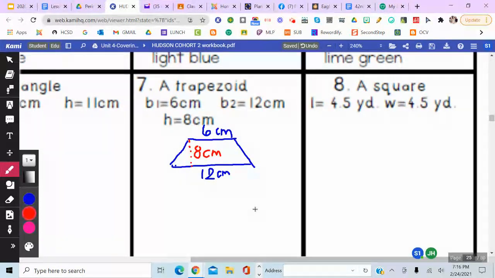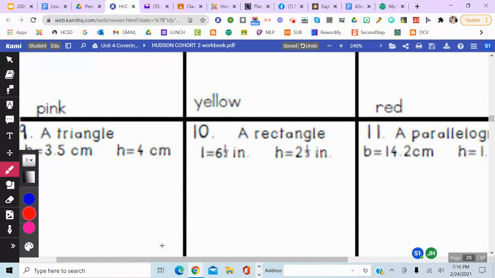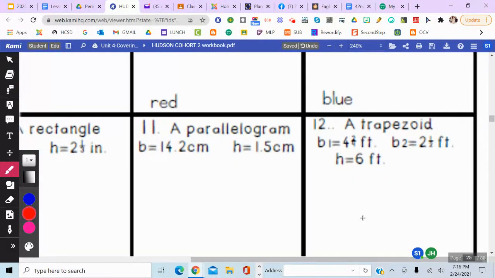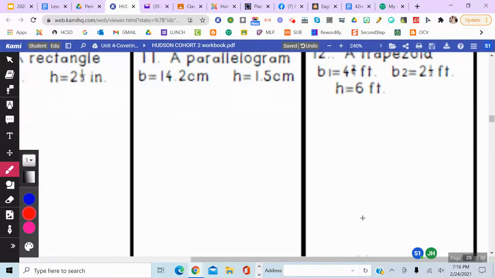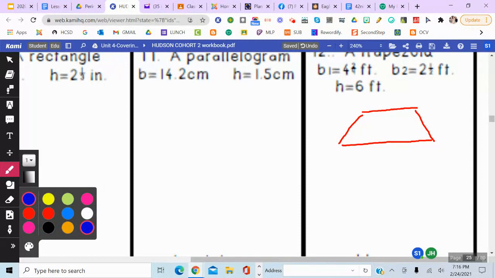Same thing, oh sorry, that's the square. Must be that there's just one more trapezoid at the bottom. Yes, okay, so number 12. So this one has fractional sides instead of decimals. So I'm just going to draw my trapezoid, and again, it's not going to be a perfect trapezoid, especially with my finger, but I think the picture is helpful as we're learning to do this.